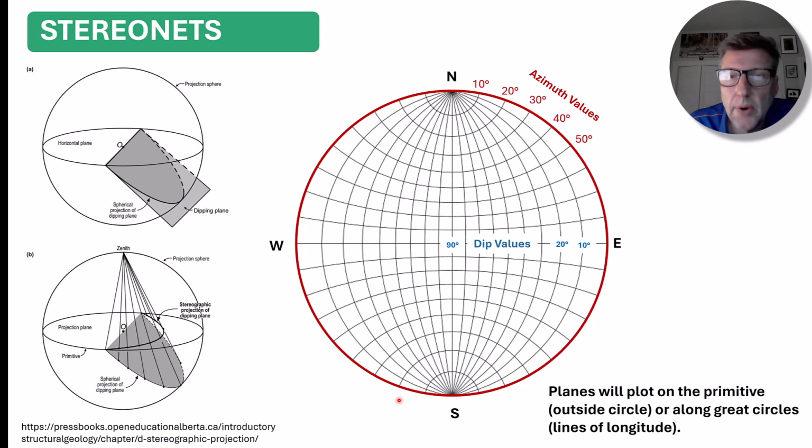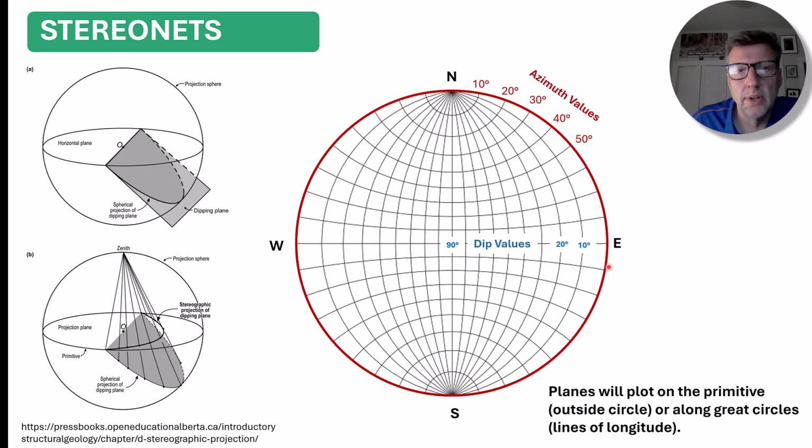We also have great circles, and our great circles are analogous to lines of longitude. You can see a number of great circles here. The interesting thing about the great circles is they represent our dipping planes. So if we have a plane, which is a line on a stereonet, and it plots on the primitive circle, it has a dip of 0.